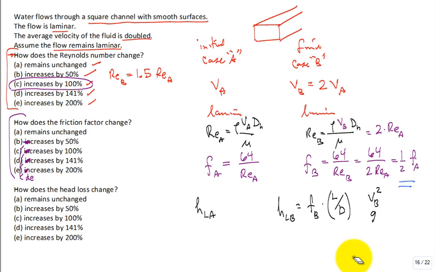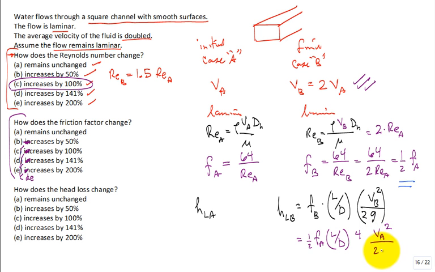True? And then we said, oh, I'm so glad that we already worked out that the friction factor for B is 1/2 the friction factor for A. The length and diameter haven't changed. And the velocity of B, I'm so glad we worked that out, that's 4 velocity of A squared divided by 2g. True?